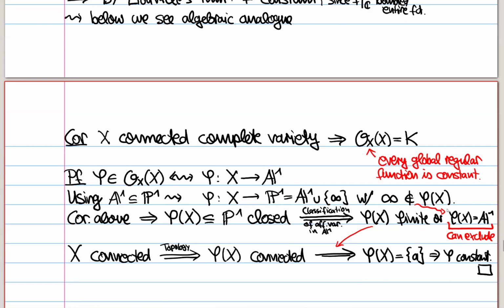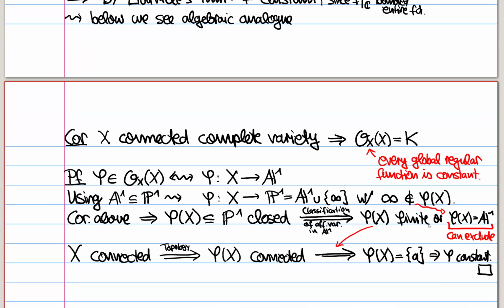But this case here, that phi of X is all of A1, we can exclude, because phi of X is a closed subset of P1, but A1 is not a closed subset of P1. Its closure is all of P1. So this cannot happen. We can exclude it. So we know phi of X is finite.